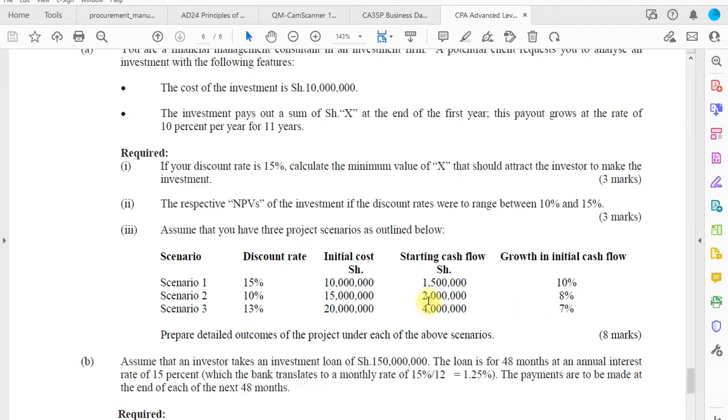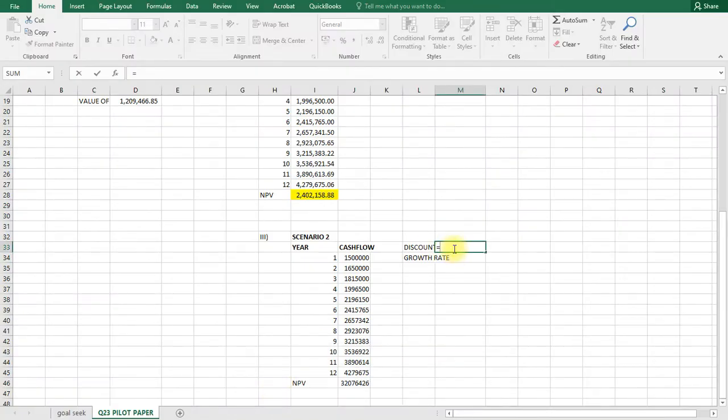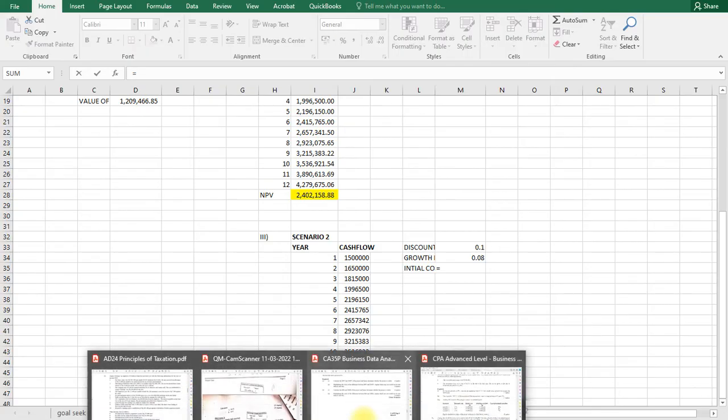and our starting is 2, and our initial growth rate is 8. So our discount rate is 10%, and our growth rate is 8%, and our initial outlay or initial cost, in this case we had an initial cost of, is it 15?